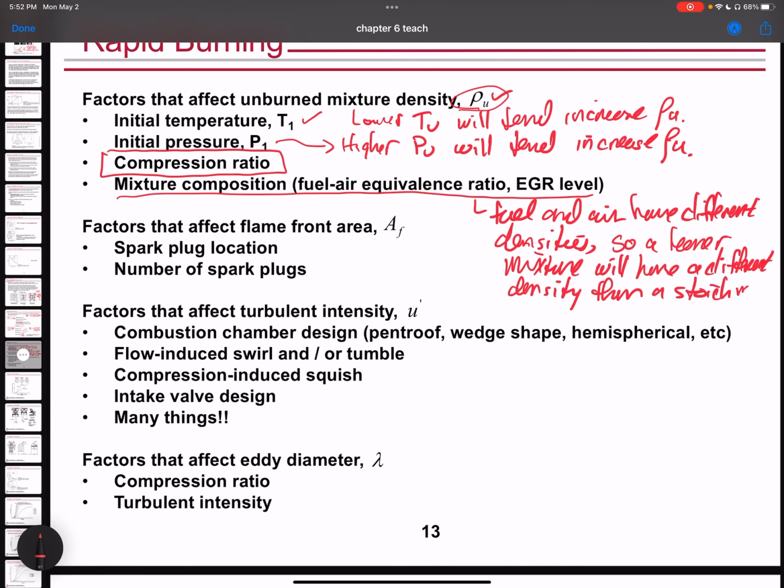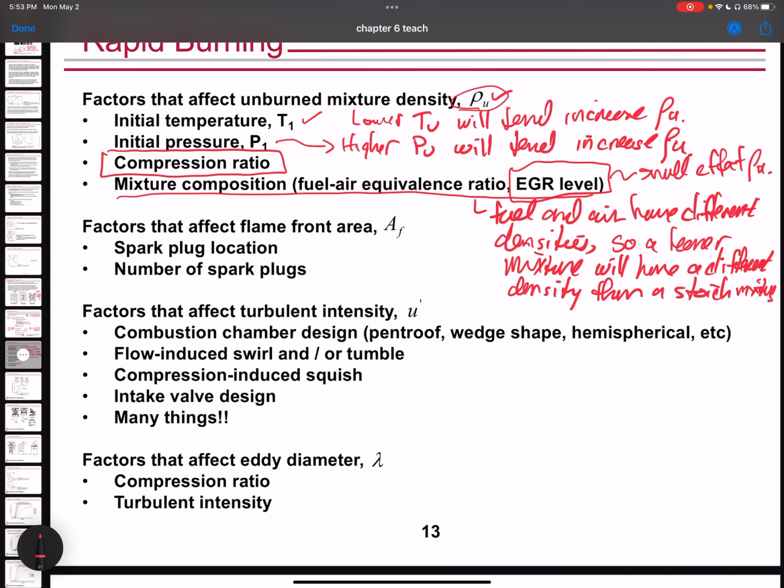Right? You can kind of think through exactly what that trend behavior would be if a fuel air mixture has a higher density or a lower density at stoichiometric conditions versus at lean conditions. And likewise, your EGR level might have a small effect on unburned mixture density as well, assuming all other things are equal.